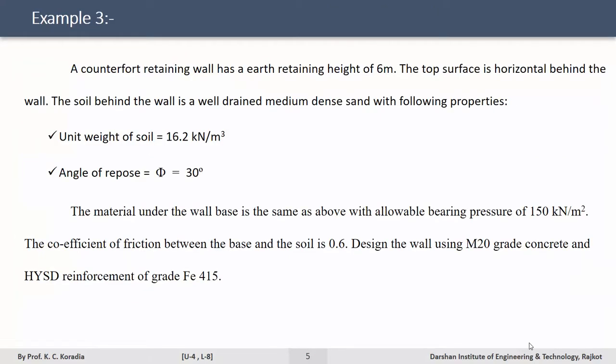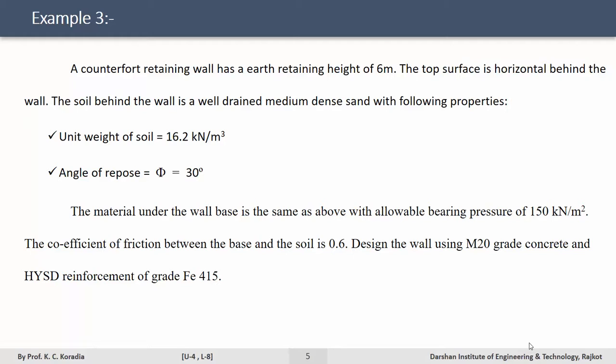Now let's go for our third example. Here we are supposed to design a counterfort retaining wall to retain an earth mass of height 6 meter. Unit weight of soil is given as 16.3 kN per meter cube. Angle of repose is 30 degree.